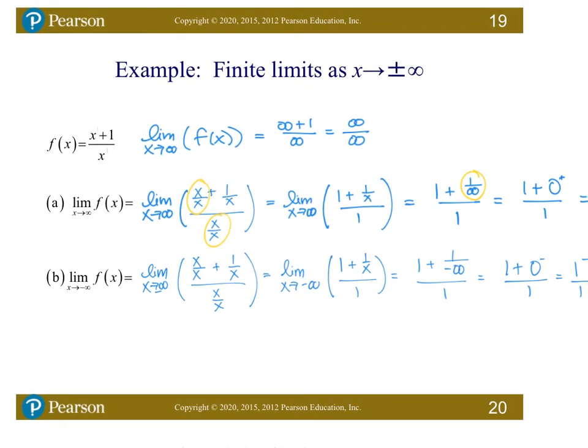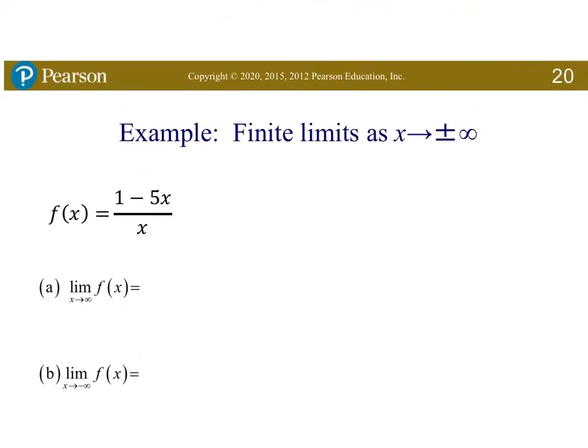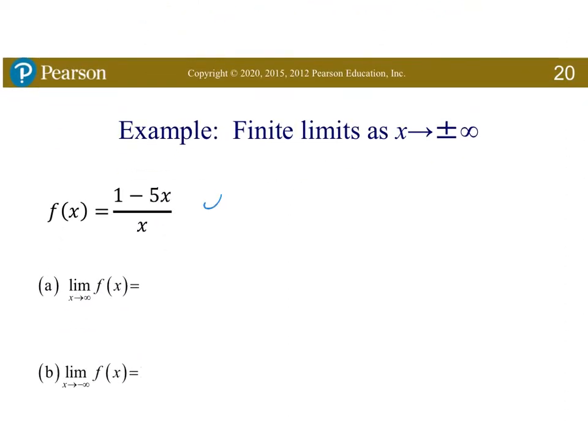And all that came because we had an indeterminate form to begin with. So let's try that again. Let's try a similar question. All right, if I drop infinity into this f of x, I will get 1 minus 5 infinity over infinity. Well, the rules say that 5 times infinity is still infinity.